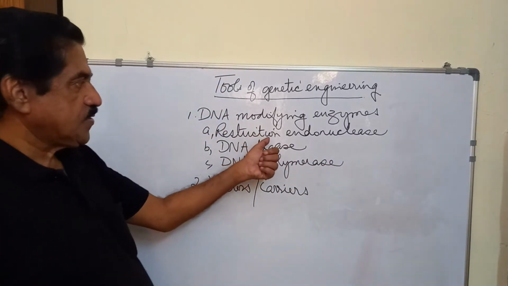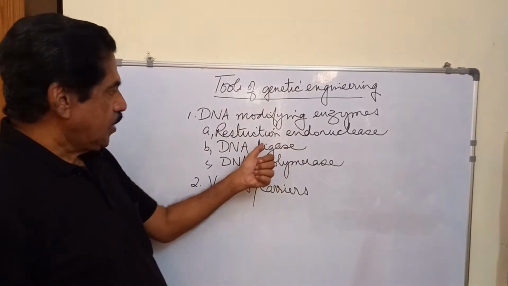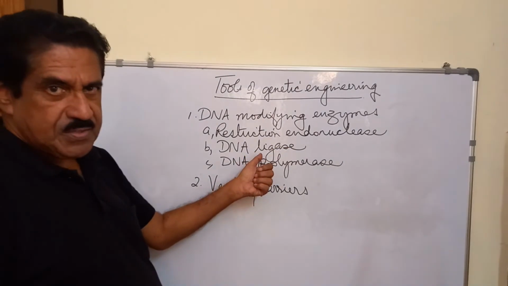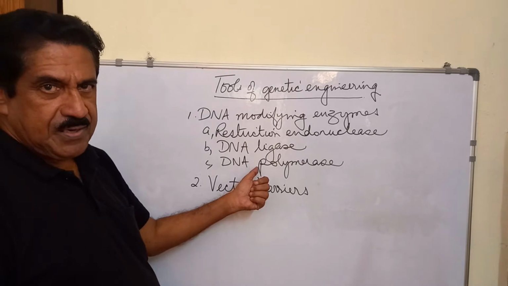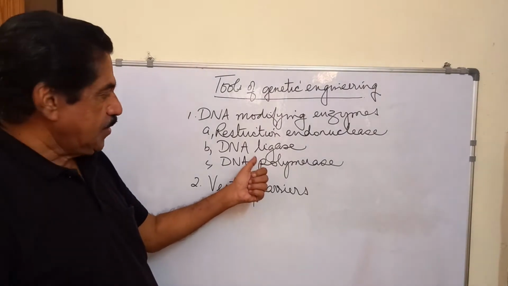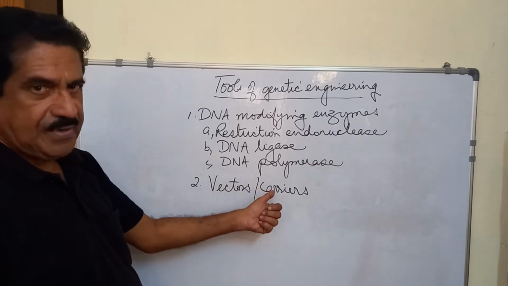Restriction endonuclease cuts DNA at specific locations in the DNA. DNA ligase joins two DNA pieces. DNA polymerase replicates DNA. And the second tool we need is vectors or carriers.